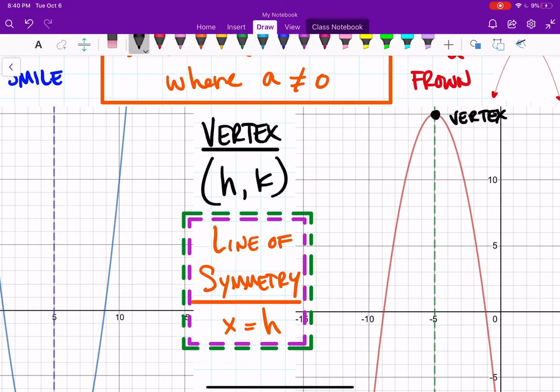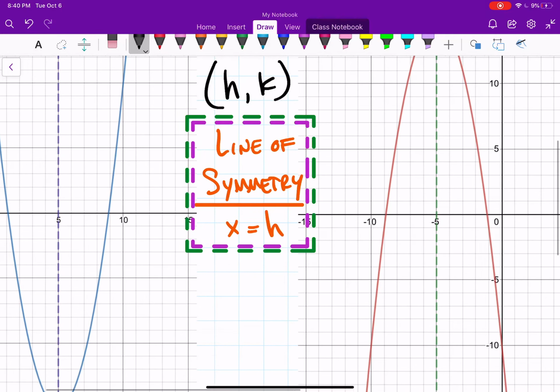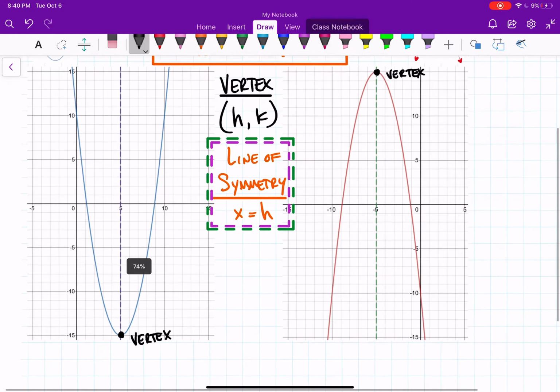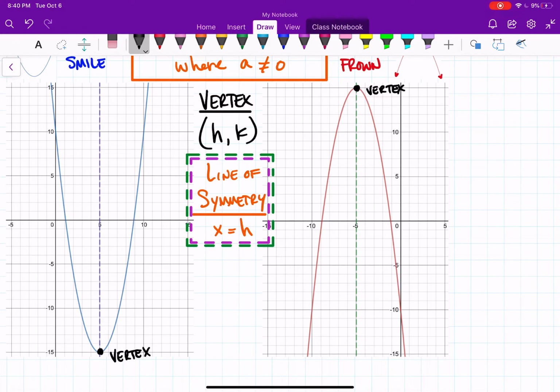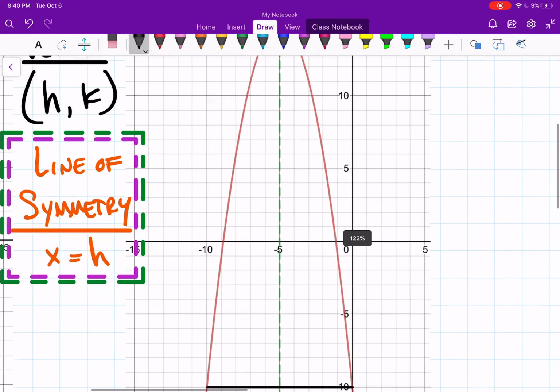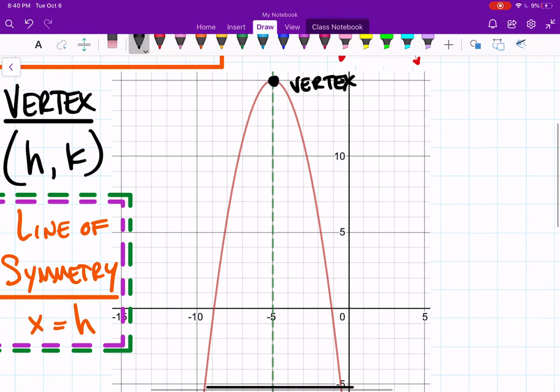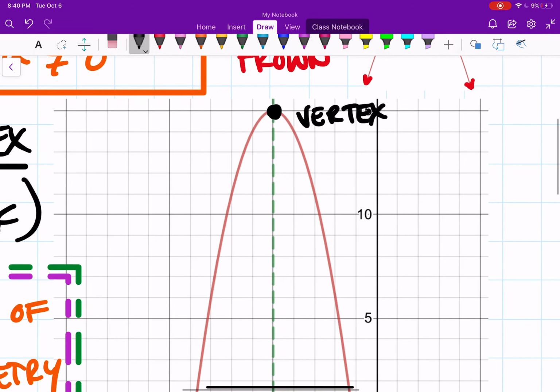All right? So if you notice, I have a purple line here, a vertical line, and it cuts this parabola right in half. So it's called a line of symmetry. Same thing over here with a green dotted line. It's an axis of symmetry. So the line of symmetry goes through the vertex.